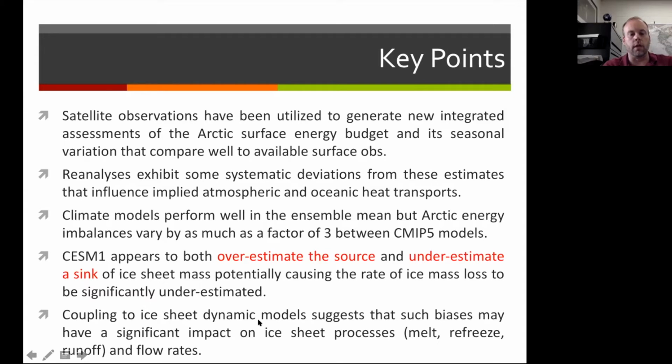And so we're starting to do that now, and we're starting to find that these radiation biases are having a significant impact on the melt rate, the refreeze rate, and the runoff rate, and then in turn, the rates at which ice flows around on the ice sheet. And we're in the process of doing some sensitivity studies right now to try to quantify the impact of model biases on these various ice sheet processes. So that's all I had.